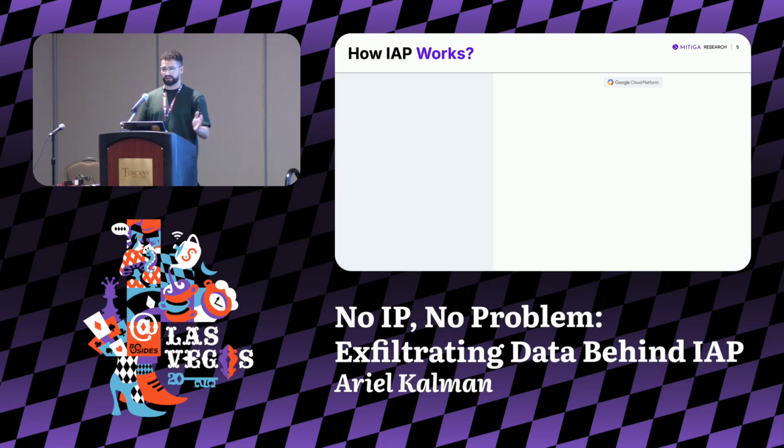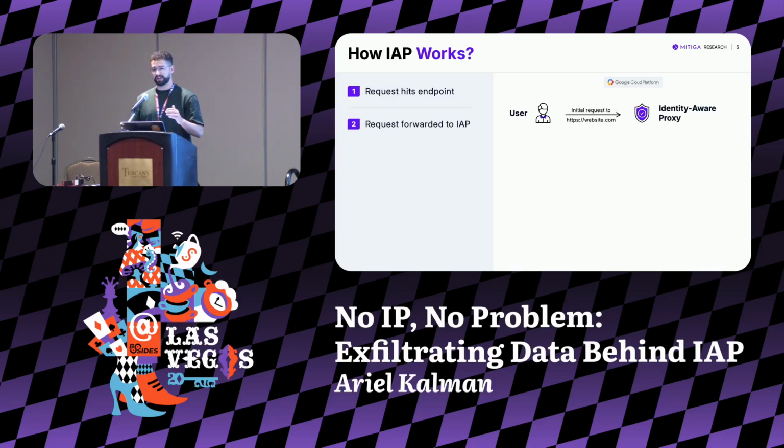So how does IAP actually work? When the user tries to access an application, he sends the request, and the request hits the endpoint of the application. Because we enabled IAP to protect that application, IAP gets the request and checks if the request is authenticated or not. If the request to the application is unauthenticated, IAP redirects the user to a Google authentication page.